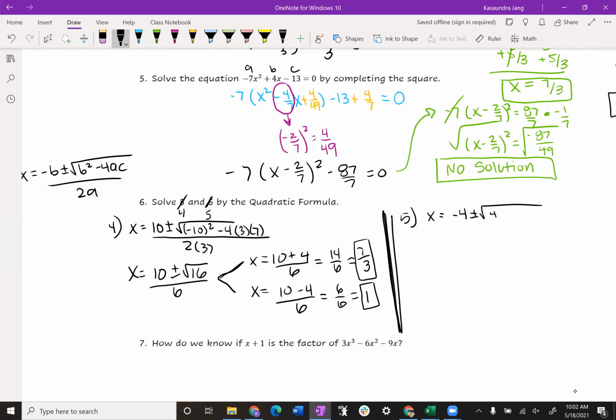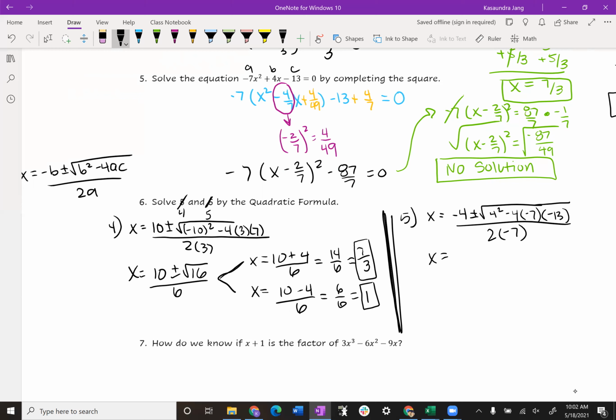So my 4 squared, and I emphasized the parentheses on the last one because it was a negative 10 that was squared. In this case, I have a positive 4 squared, so I'm not too worried about the parentheses on this one. All right, so b squared minus 4 times a, which is a negative 7, times c, which is a negative 13. Notice that, again, I put my parentheses around the negative numbers, all over 2a, a being a negative 7 still.